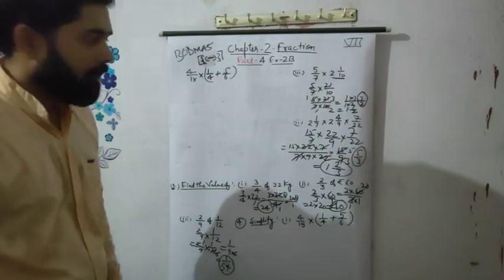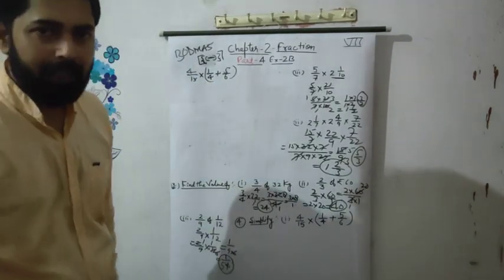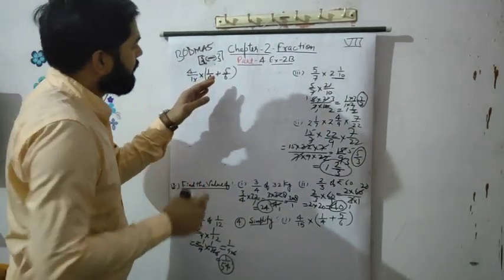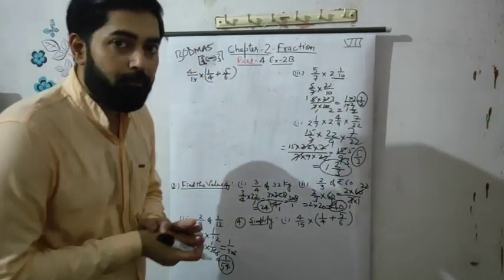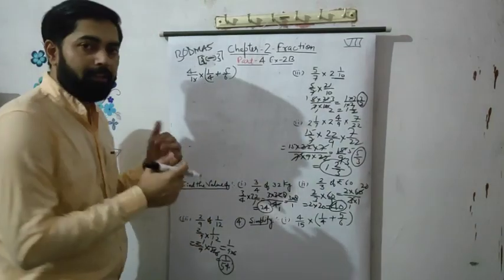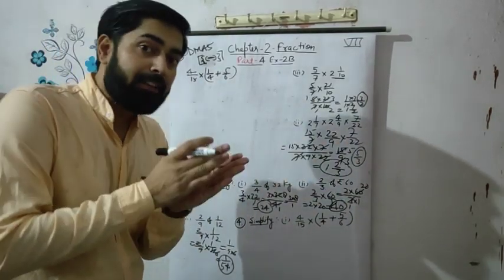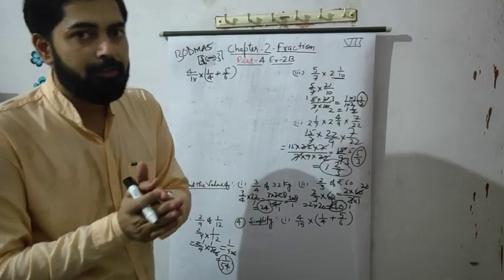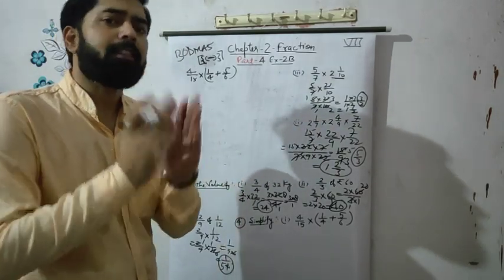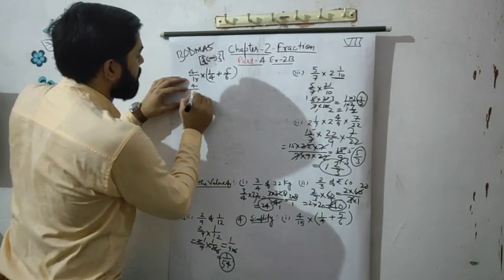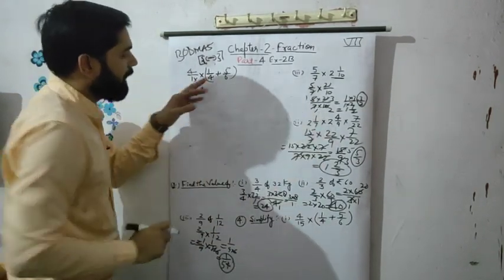So look here, in this question there is a bracket. First we solve the bracket. What is in the bracket? Addition. So first solve the addition, and we know the addition. If the question is given in like fractions, we can easily add. If the question is given in unlike form, firstly we convert to like fractions. So 1 upon 4 and 5 upon 6 are given in unlike form.